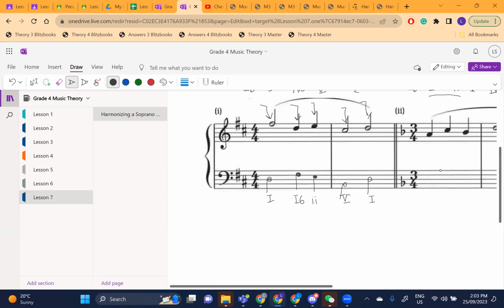So, essentially, step 1, plan chords. Once you have your chords, the bass line should be easy. Step 3, do the cadence first and the preceding chord.